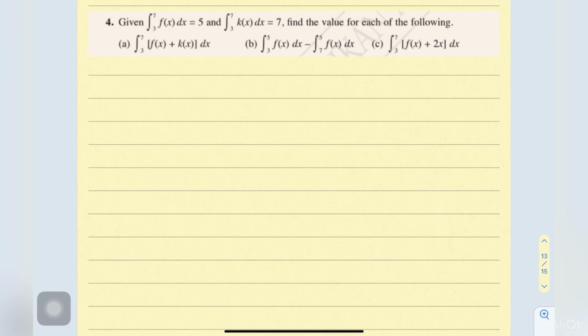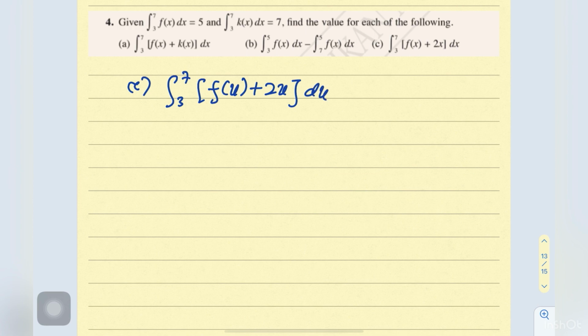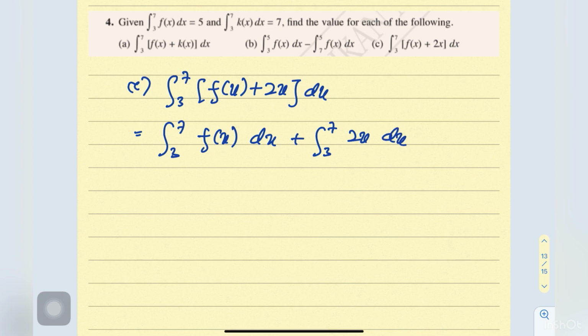Okay, for C, integrate from 3 to 7 of f(x) plus 2x dx. Okay, we separate these two, it becomes the integral of f(x) dx plus the integral from 3 to 7 of 2x dx. Okay, so f(x) is this one, which equals 5.